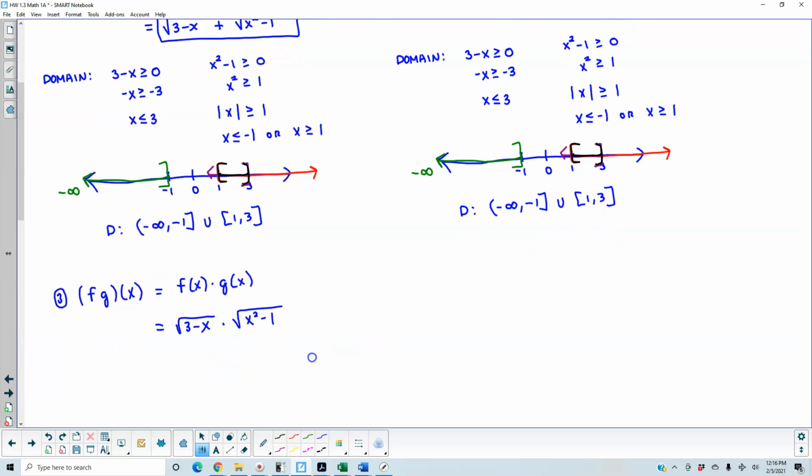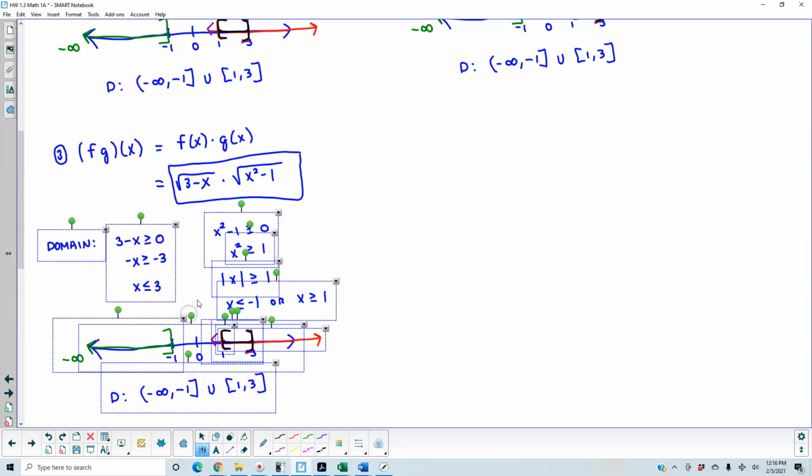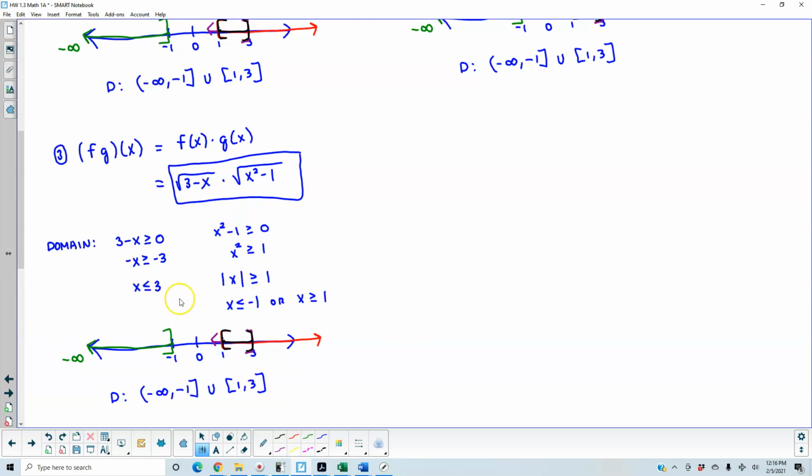And so therefore, that is our result. And we end up with the same domain. So it's going to be the exact same negative infinity to negative 1 bracket, and then union bracket 1 comma 3.